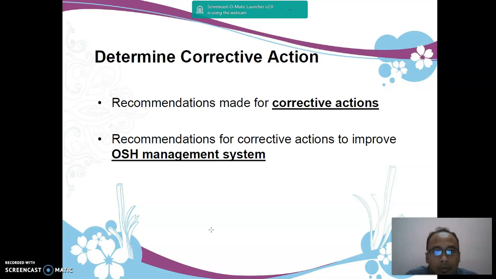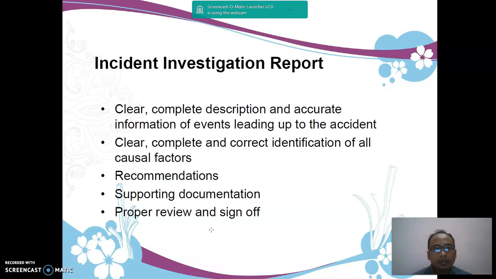So you have to give a recommendation for the corrective action, and the recommendation must be presented to the OSH committee. The corrective action and recommendation must be included in the OSH management system in order to improve the existing system.